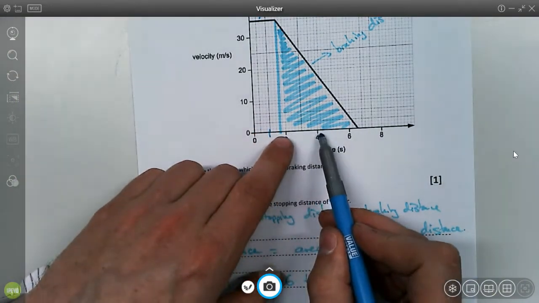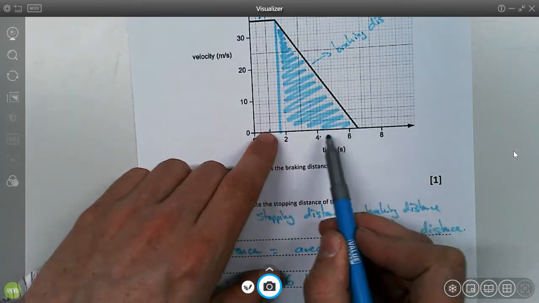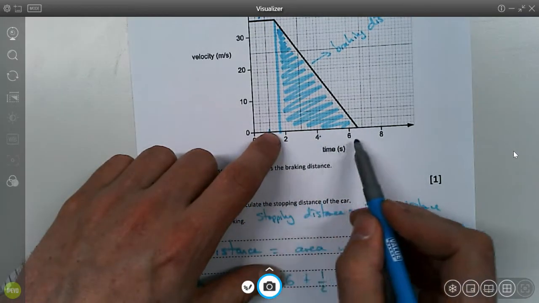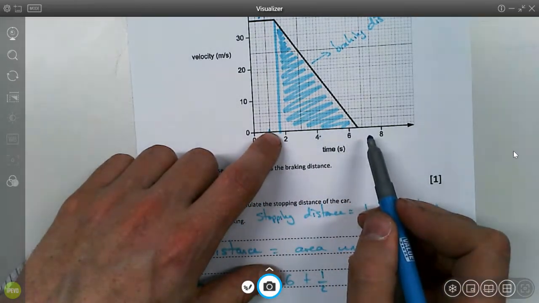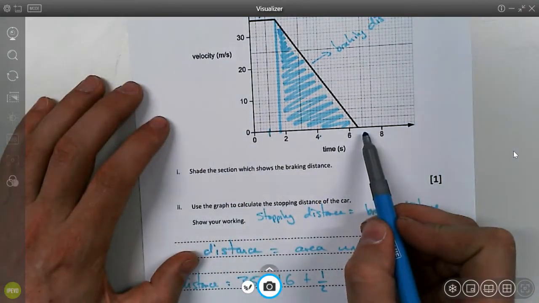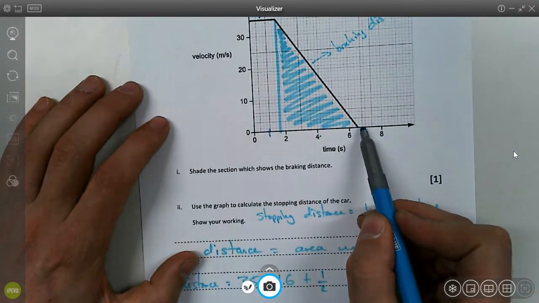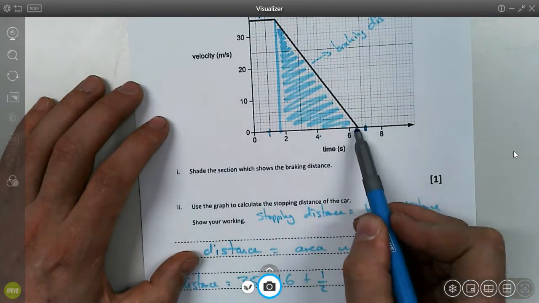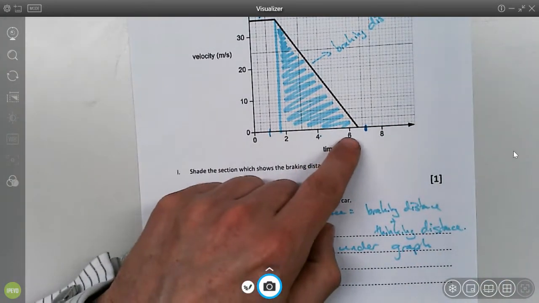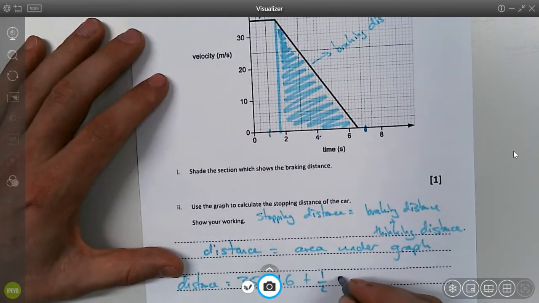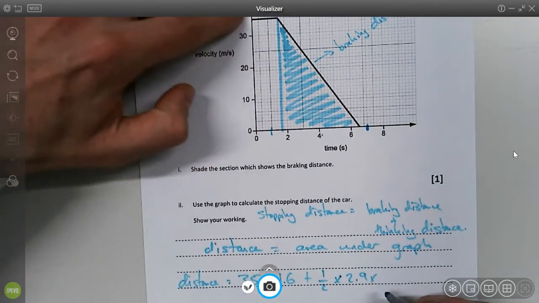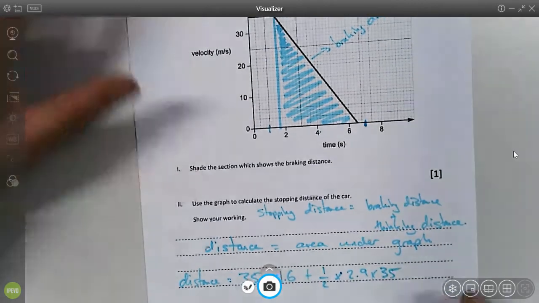So the base is 2, 4, that's 0.4, that is 1, 2, 3, 4, 5, that is 0.5, so 2.9 times the height, which is 35.